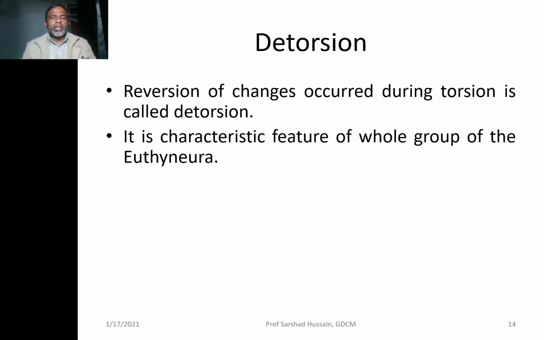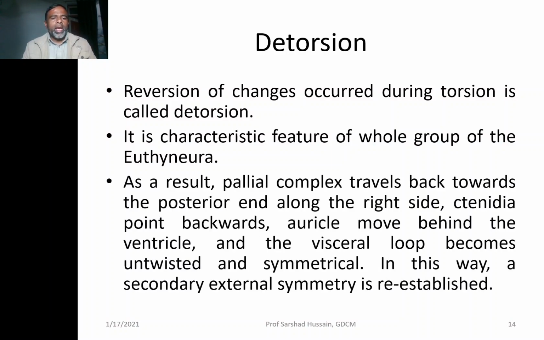It is a characteristic feature of the whole group of euthyneura. Because of detorsion, the pallial complex, that means the visceral mass, travels back toward the posterior end along the right side. Ctenidia point backward because they are present in the cavity, and the cavity has gone back.